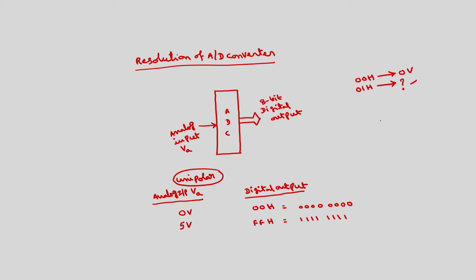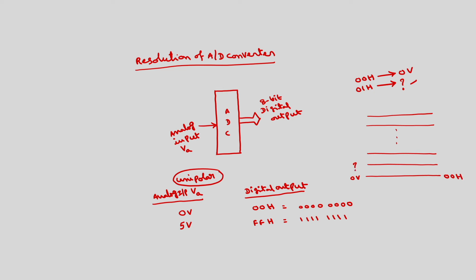Here we have a total of 256 levels. This side I will write the analog voltage, this side the digital value. 0 volts corresponds to one level, which is 00H.